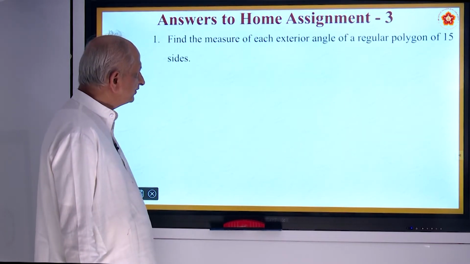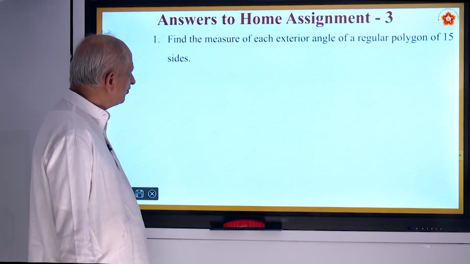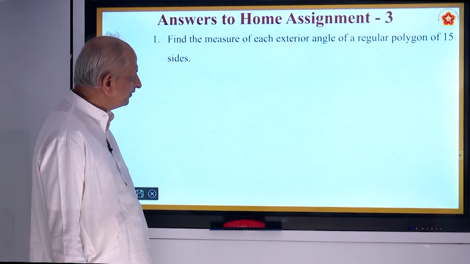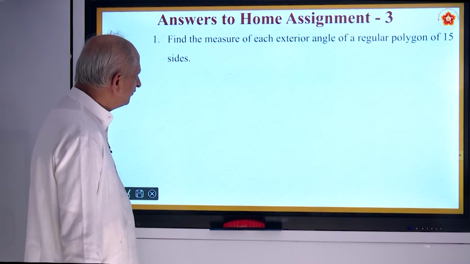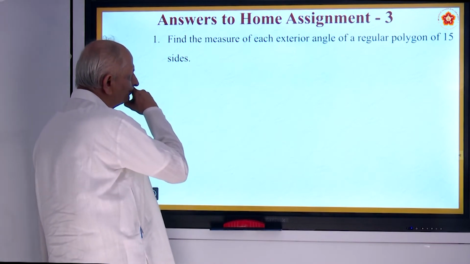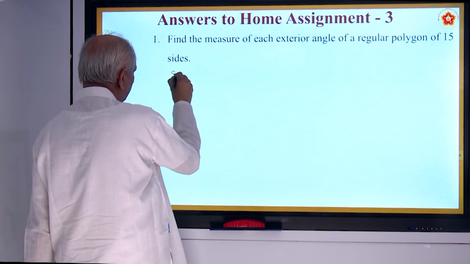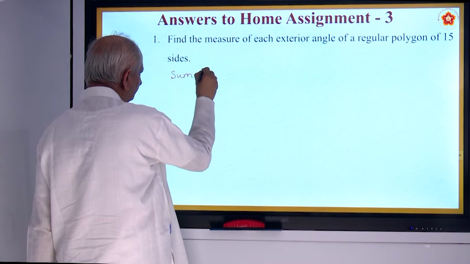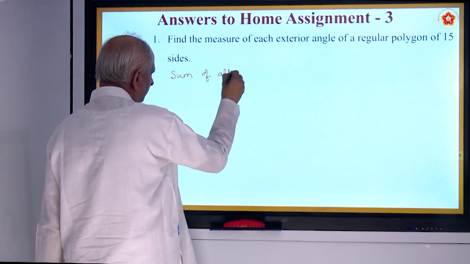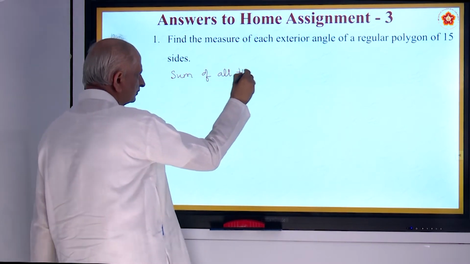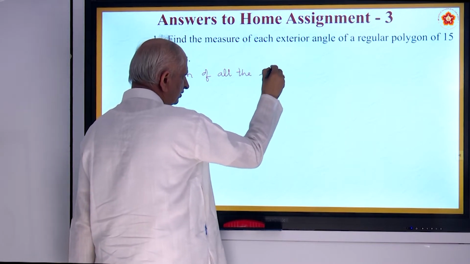Now coming to the answers to the home assignment. Find the measure of each exterior angle of a regular polygon of 15 sides. So first you must write the sum of all the exterior angles. Come on, write down.